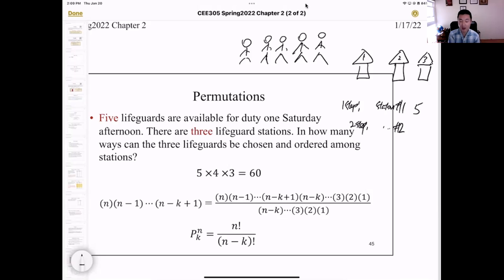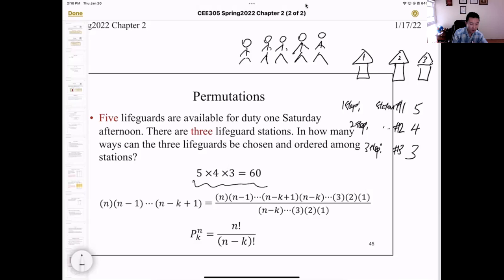Because 1 lifeguard is already chosen, we have 4 remaining lifeguards, so 4 possible ways for the second step. For the third step, station number 3, we have 3 lifeguards remaining. So that is how we come up with 5 times 4 times 3. That's the counting method, so 60 ways to do that.